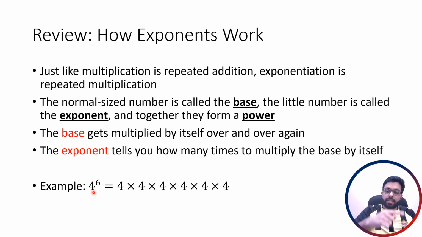How many 4s? That's the information that we get from the exponent up here. So this 6 is telling you that you're going to take the base and multiply it by itself 6 times. So we've got 6 instances of the number 4. We've got 4 times 4 times 4 times 4 times 4 times 4. So we've written down the number 4 6 times, and we've stuck multiplication signs between them.